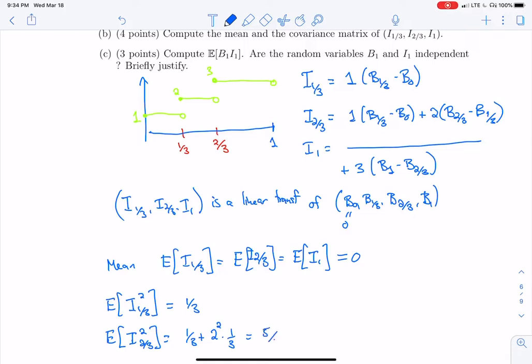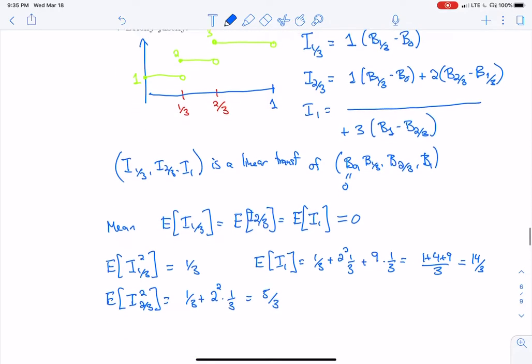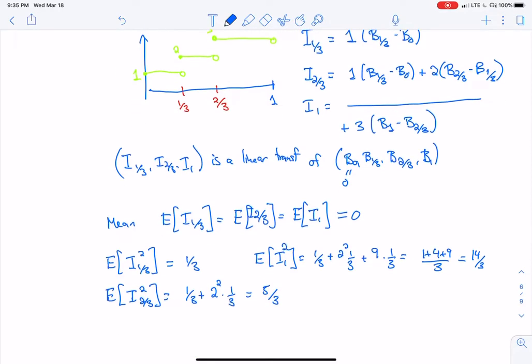So it's 5/3. And then the last one, again, all the increments are independent. So I'm going to get the sum. So it accumulates. It's the sum of each of the increments. And the last one is 9, 3 squared, 1/3. And if I do the calculations, 1 plus 4 plus 9, divided by 3, it's 14/3. Alright. Okay. So that's for the variance of I1.